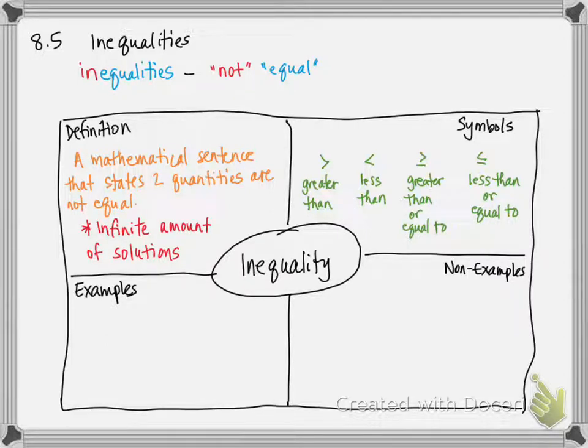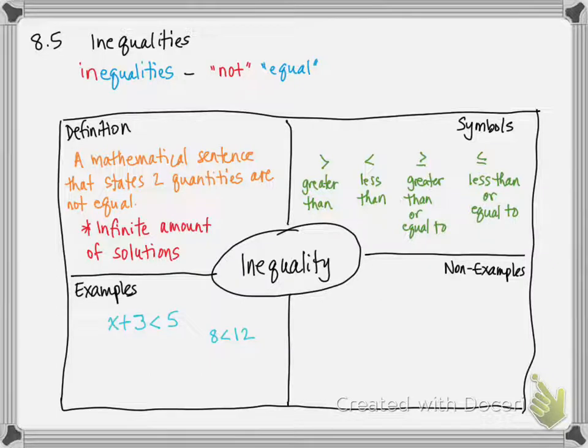We have examples of what inequalities might look like: x plus 3 is less than 5. So we're not saying that those 2 sides are equal, we have less than, okay? We can say 8 is less than 12.